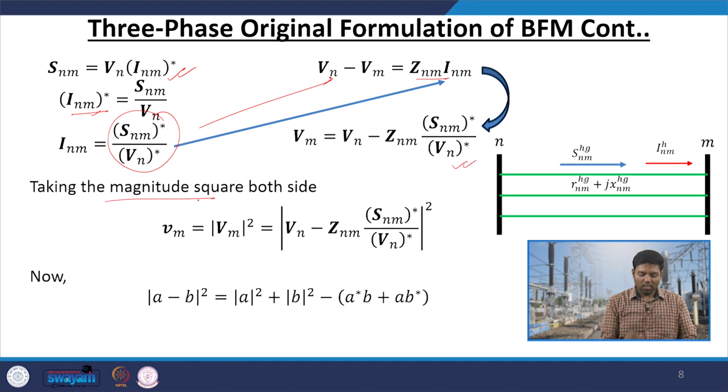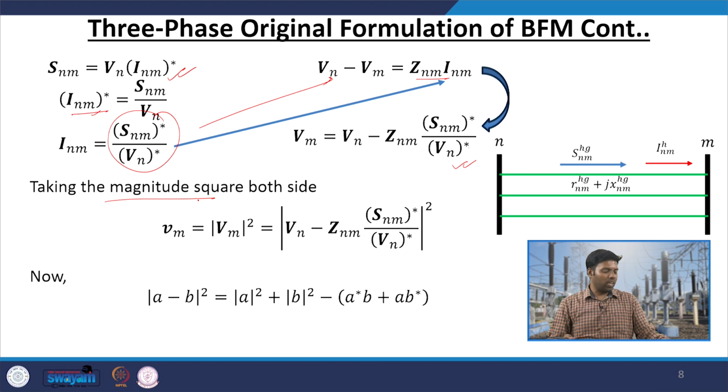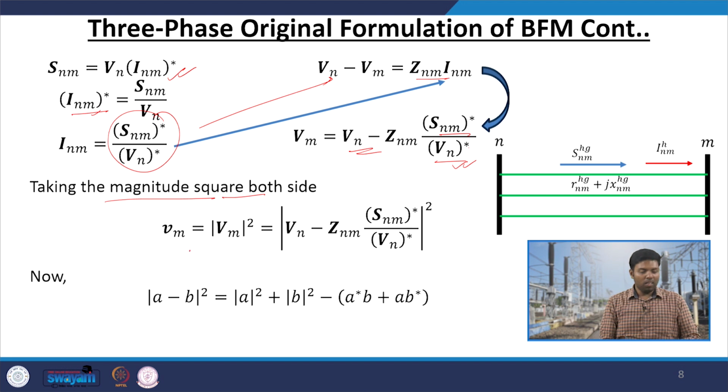Now, take the magnitude square on both sides, because you have a complex number here. Everything is still a non-convex and non-linear model, so in the branch flow model we are more concerned about the square of the voltage magnitude.